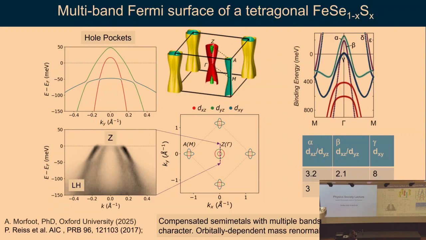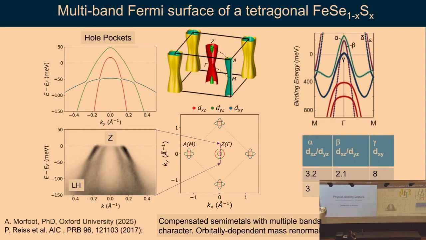So now this is how we measure and what we get from experiments. This is the binding energy versus momentum, and it shows the band dispersions, hole-like pockets for this type of light polarization at the high symmetry points for our material. So this is the Brillouin zone.